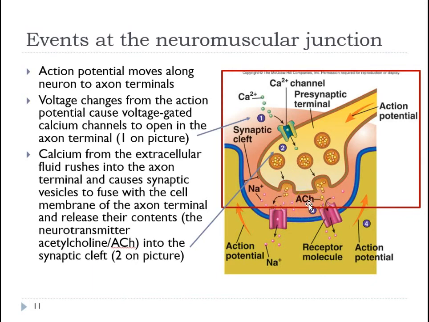ACh is shorthand for acetylcholine. Acetylcholine is a neurotransmitter that's able to go across the synaptic cleft and bind to these receptor molecules. What happens next, let's do it in our next picture.